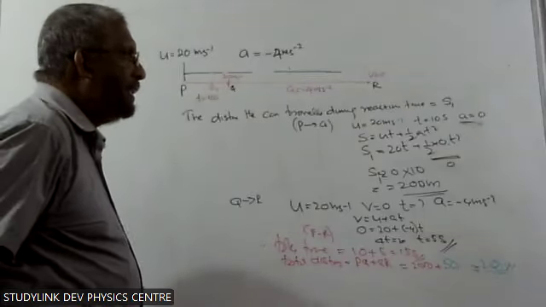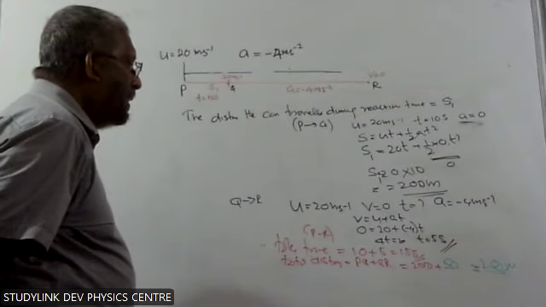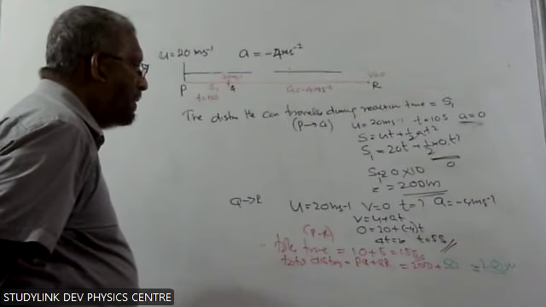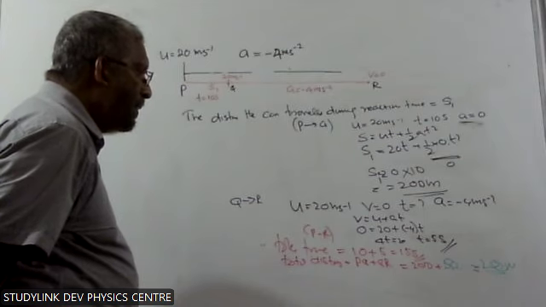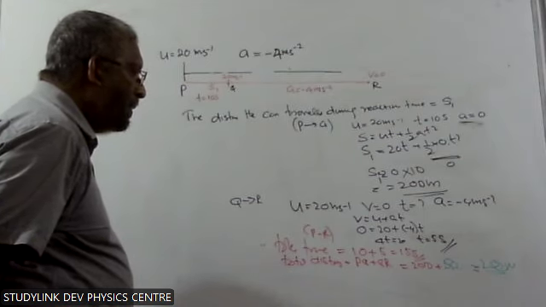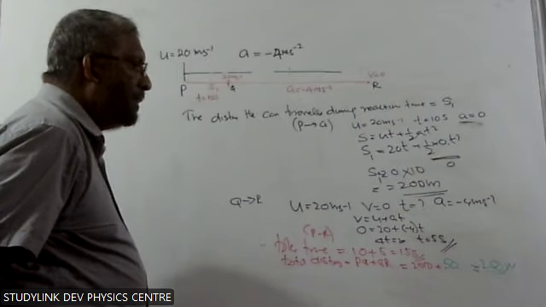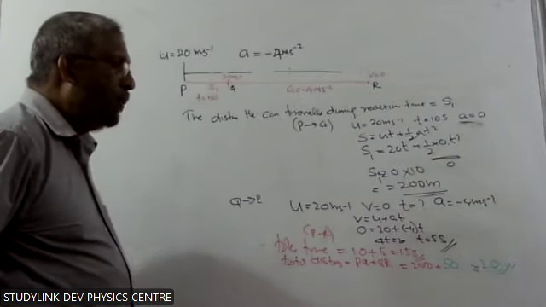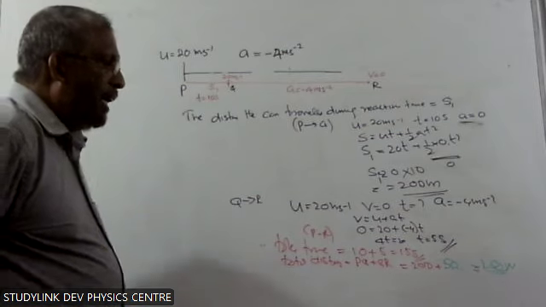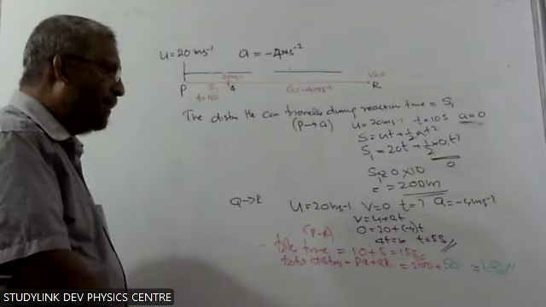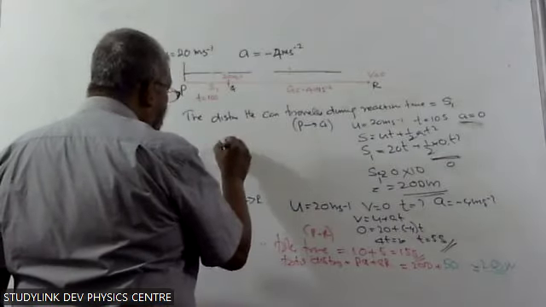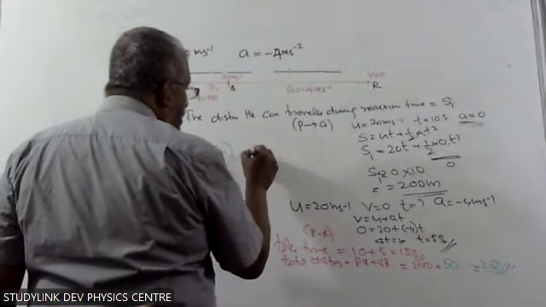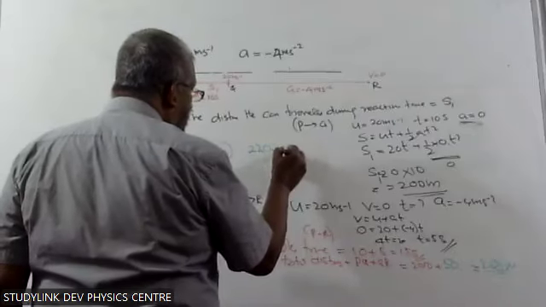If the driver sees the person who crosses the road for the first time at a distance of, A, 220 meters.